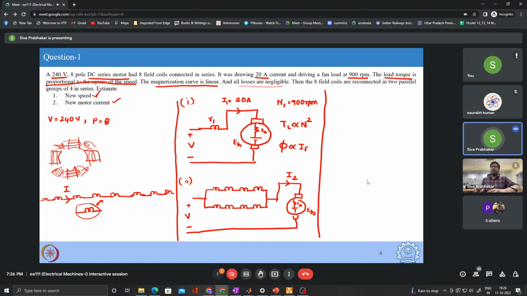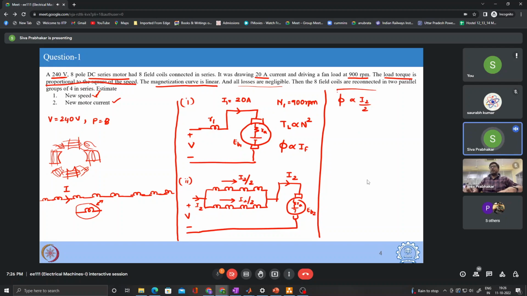Now if you see, the current here will also be I2, but it will get split into two parts. That is, I2 by 2 will be the current through two field terminals. Since it is a parallel combination of two parts, the current will get split into two parts. So the new flux will be proportional to I2 by 2.